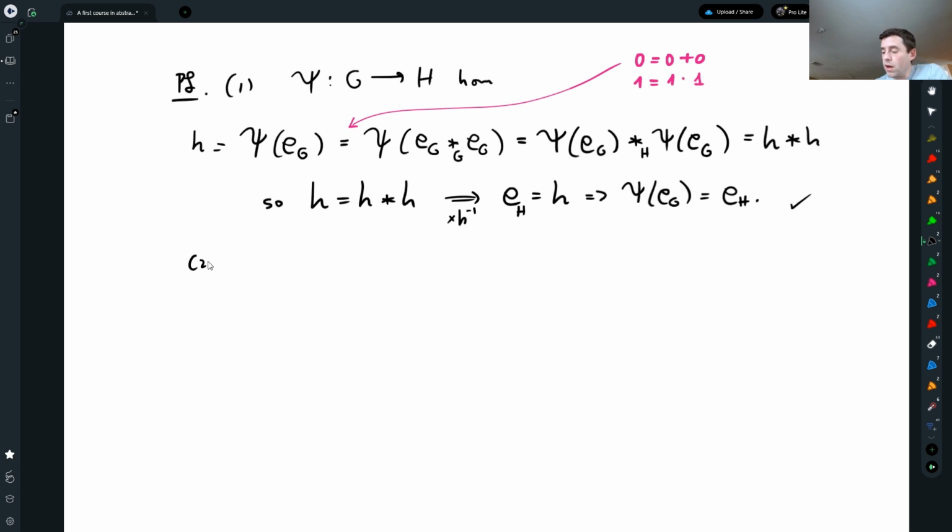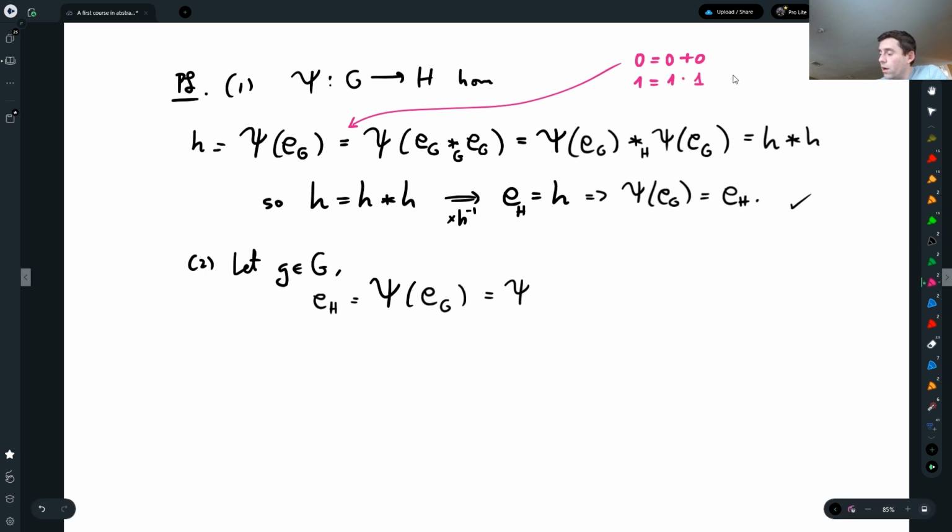For 2, I can do a similar thing. So let g be in G, and consider how much is psi of g inverse. I'm actually going to start from psi of the identity, because now I know from part 1 that that is the identity, and I'm going to rewrite the identity. A third equality that is very useful is that 1 is a times a inverse in the real numbers, for example, or in any group you have some equality like that.